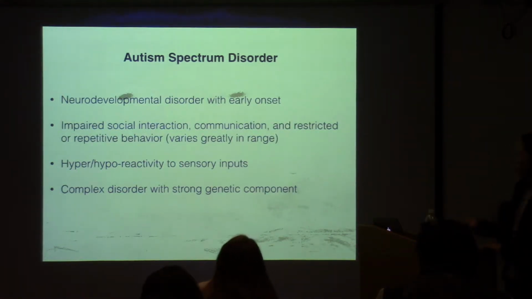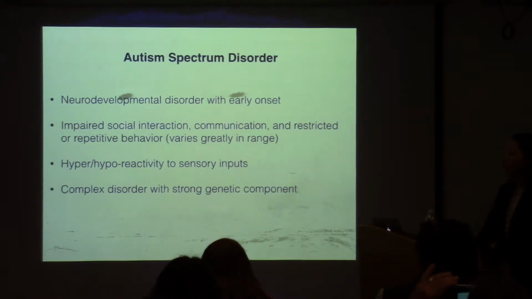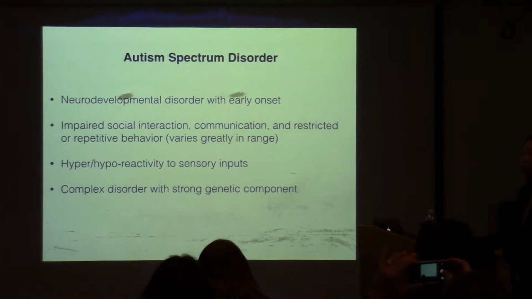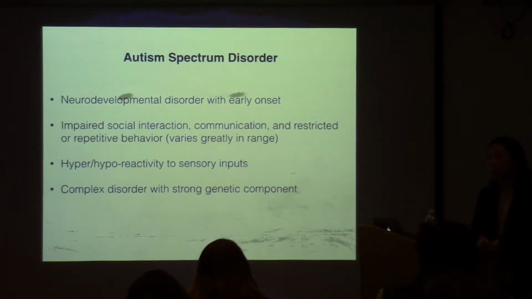And for me personally, the most interesting examples come from savants on the autism spectrum disorder. So autism is a neurodevelopmental disorder which is diagnosed early on, around the ages of 3 or 5 years old.